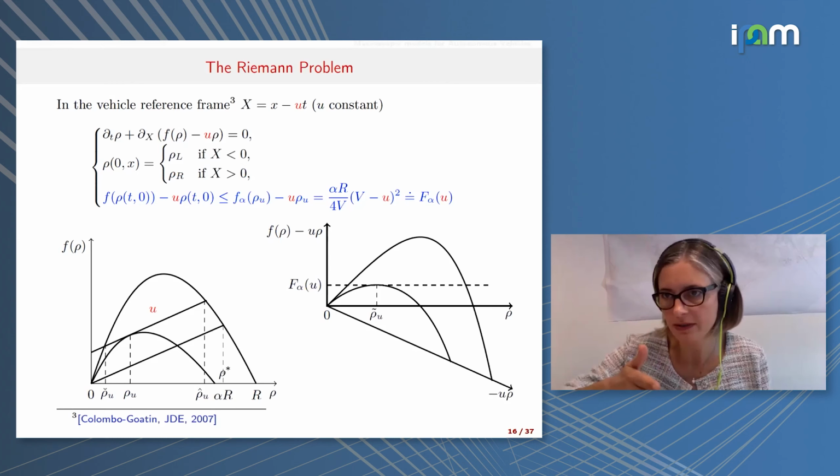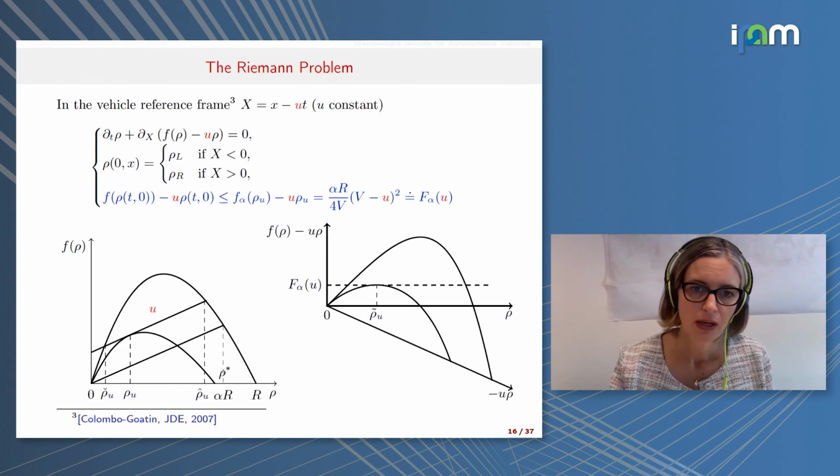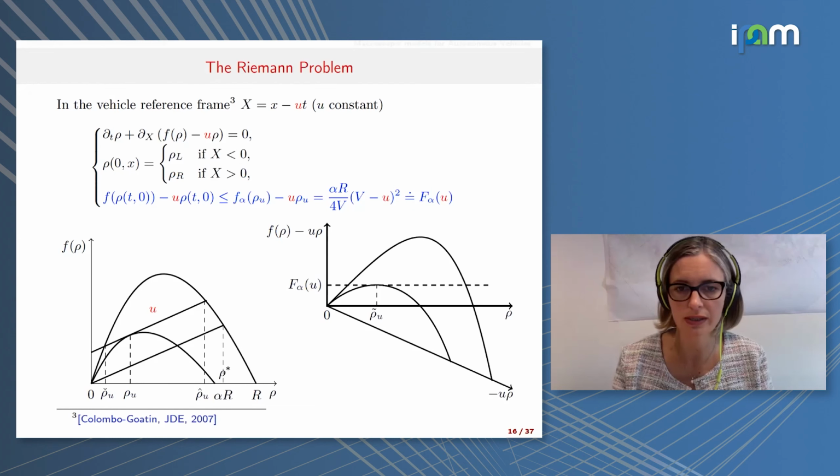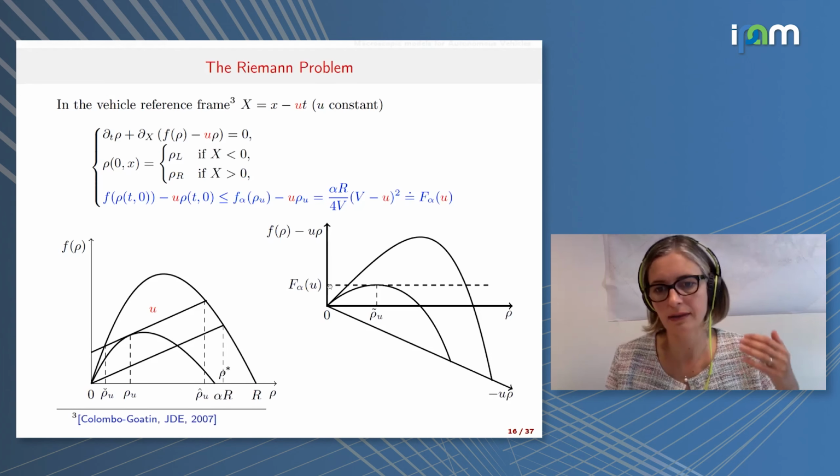You have a flow restriction at a certain point of the road, and this flow restriction is not moving. So basically what you want to do is construct a solution to this problem, and take into account the presence of this flow constraint that says that the flow at the vehicle position cannot be higher than this line here, this f of alpha of u.